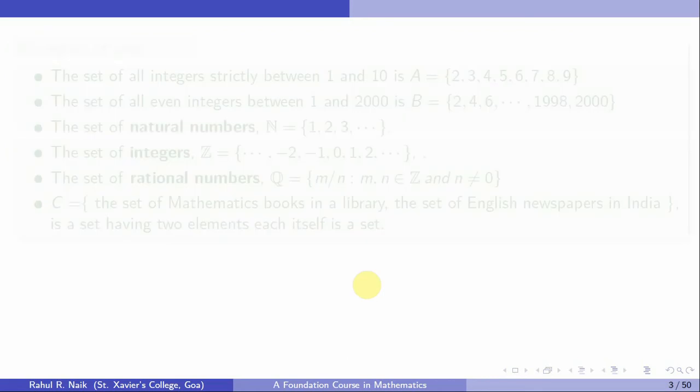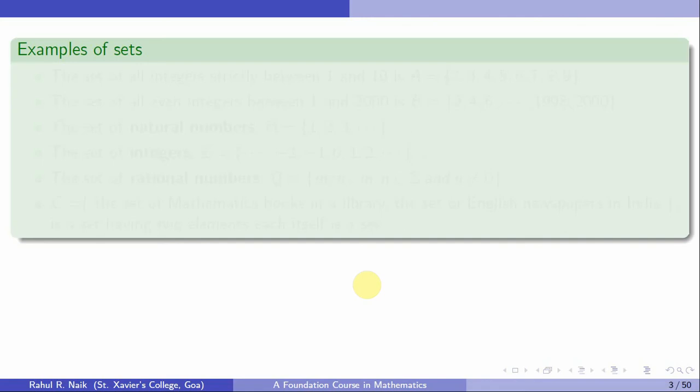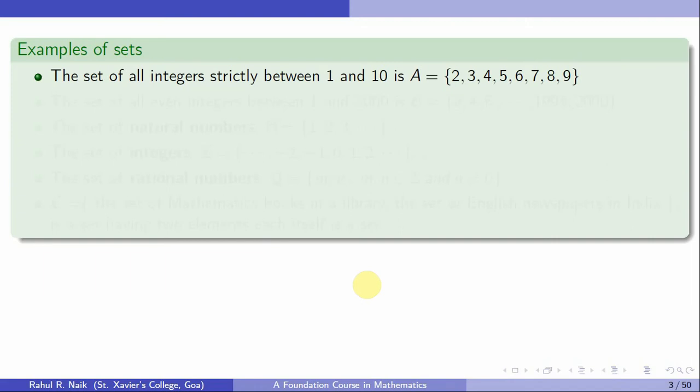So here are some examples. Before getting into the formal way of representing sets, let us just observe some examples of sets. The set of all integers strictly between 1 and 10. See the way it is represented, enclosed by curly braces, and the elements are mentioned: 2, 3, 4, 5, 6, 7, 8, 9.